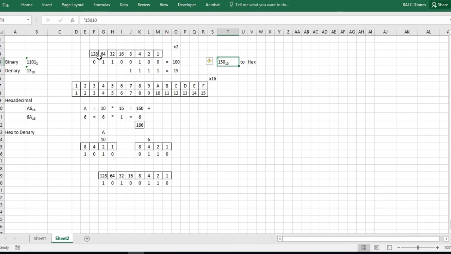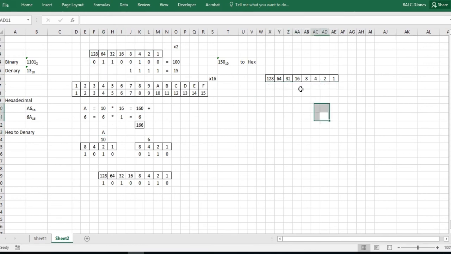First thing is let's convert that to binary. Once I've converted it to binary, I'm going to separate the nibbles, and then once I've separated the nibbles, I can break it down to single units, and then that's going to give me the hexadecimal.